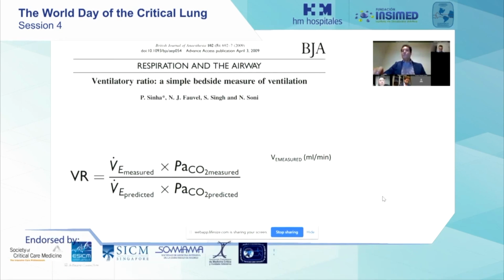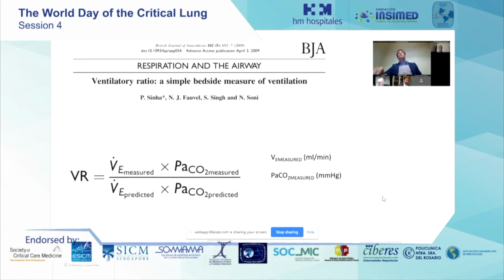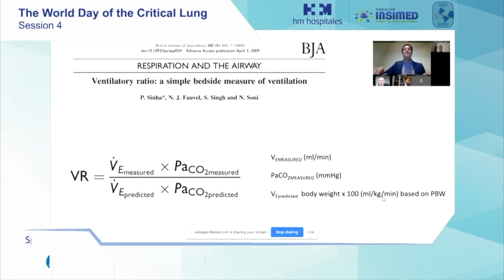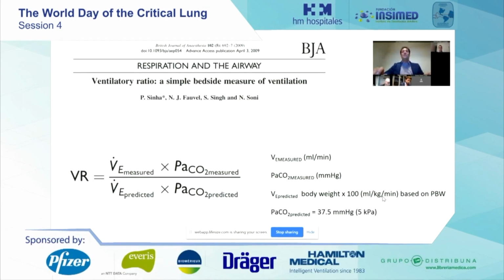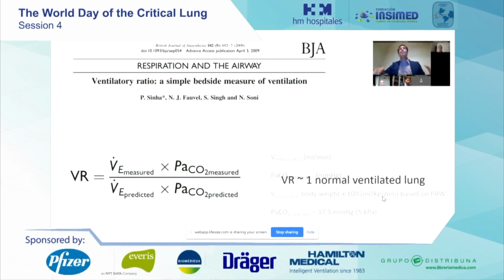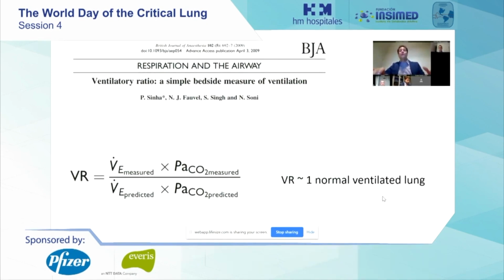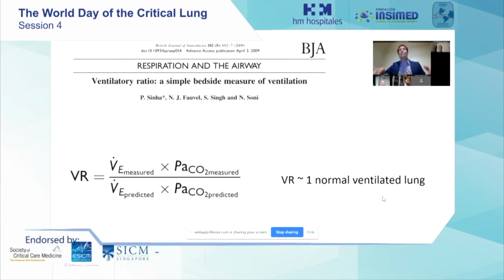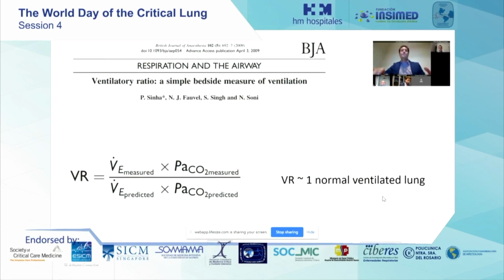The PaCO2 measured, in millimeters of mercury, is the one you can draw from an arterial blood gas from a patient. VE predicted is the minute ventilation, 100 multiplied by the predicted body weight. And the PaCO2 predicted is set to 37.5 millimeters of mercury, or 5 kilopascals. VR is a unitless number, and it's around 1 in normal ventilated lungs.